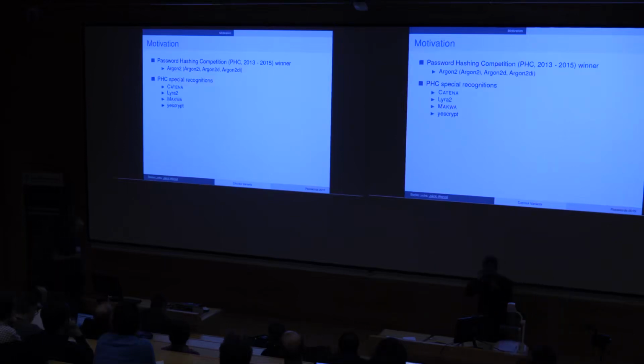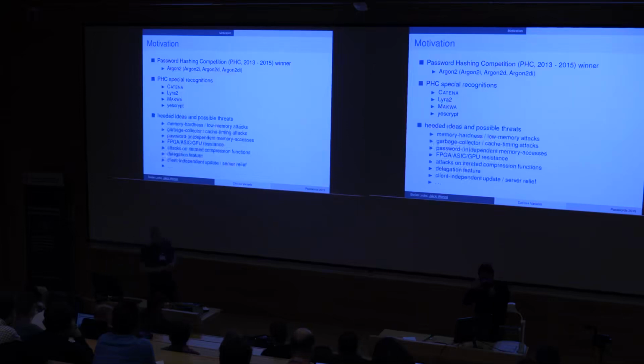And today I want to present similar variants to the winner, but built using our framework Catena, which was one of the 4 PHC special recognitions alongside Lyra2, Makwa, and Yescrypt. During the Password Hashing Competition, there were a lot of new ideas.